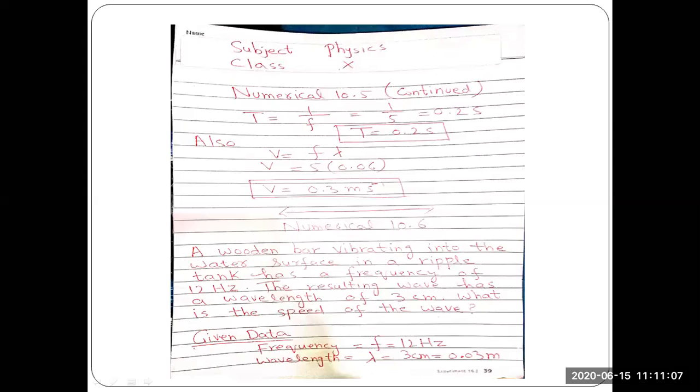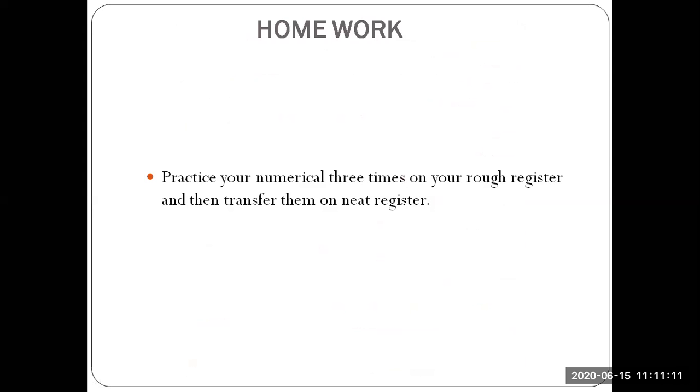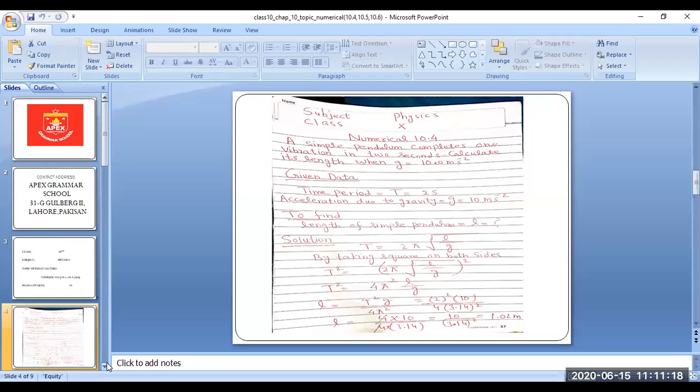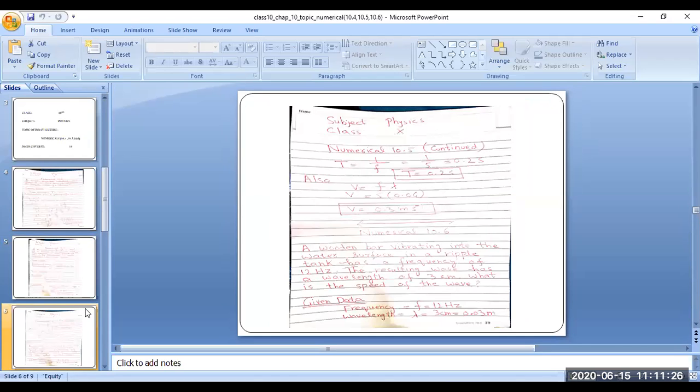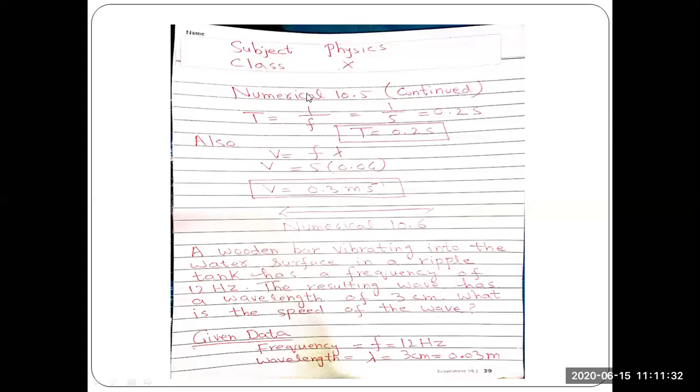This is the continuation of the same numerical 10.5.